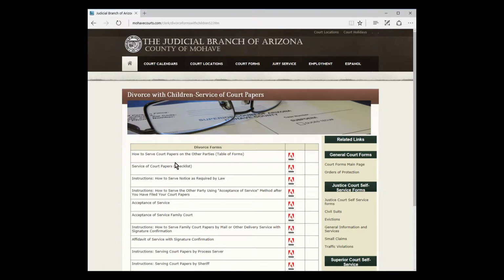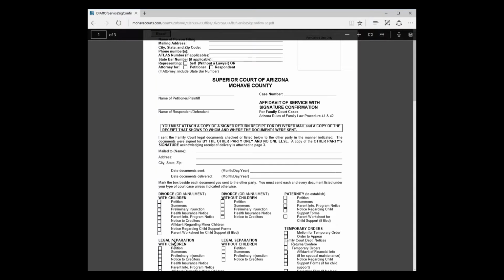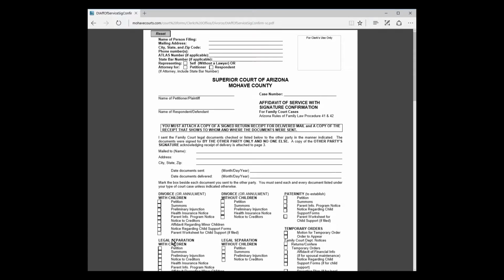With UPS and FedEx, they offer similar options with online proof of delivery. Either way, proof must be filed into your case file via the clerk's office in lieu of the acceptance of service form. The recipient may refuse to sign for the package, and depending on the delivery service selected, the cost may vary.